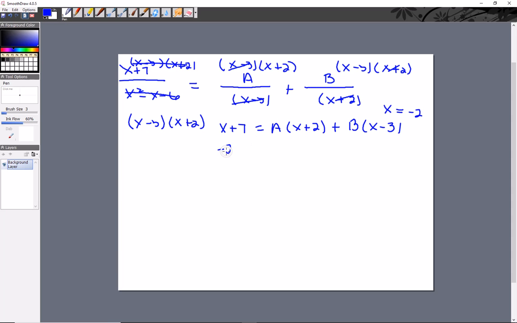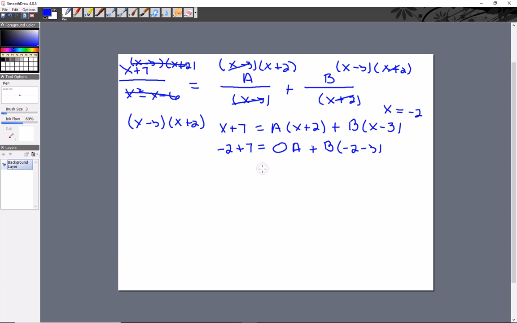So negative 2 plus 7 equals, plug the negative 2 in, you get 0A. And if we plug negative 2 in here, we'll have plus B times negative 2 minus 3.